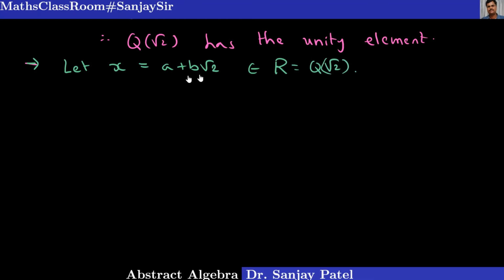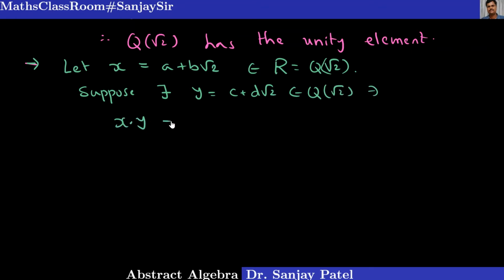Okay. Now suppose we have y is equal to c plus d root 2 belongs to Q root 2 such that x into y is equal to 1. That is, (a plus b root 2) into (c plus d root 2) is equal to 1.